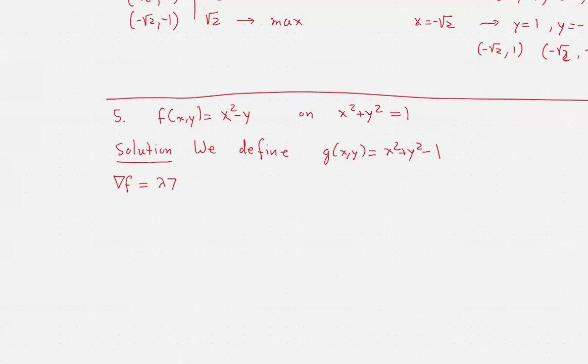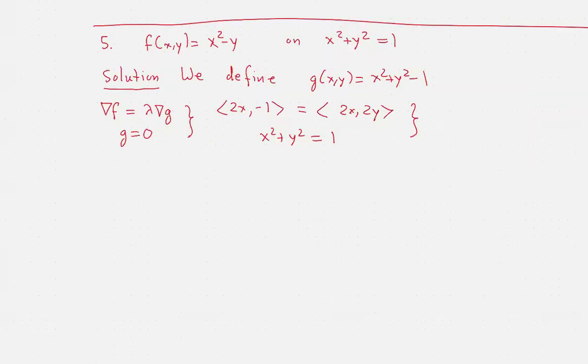Okay, so this becomes 2x comma negative 1 should be equal to lambda times 2x comma 2y. And x squared plus y squared should be equal to 1. So, I'm sorry, there's a lambda here. So, this translates to 2x is equal to 2 lambda x, and negative 1 is equal to 2 lambda y, and x squared plus y squared is equal to 1.